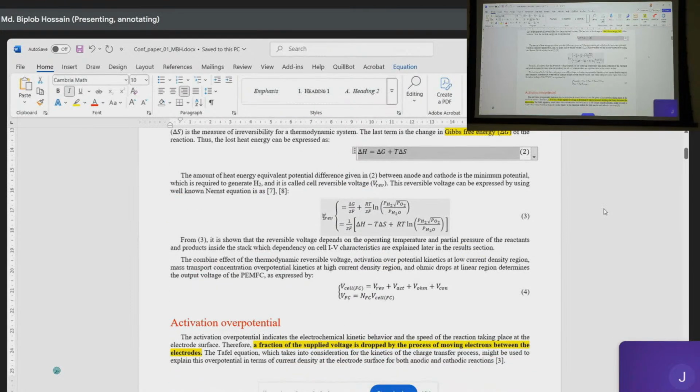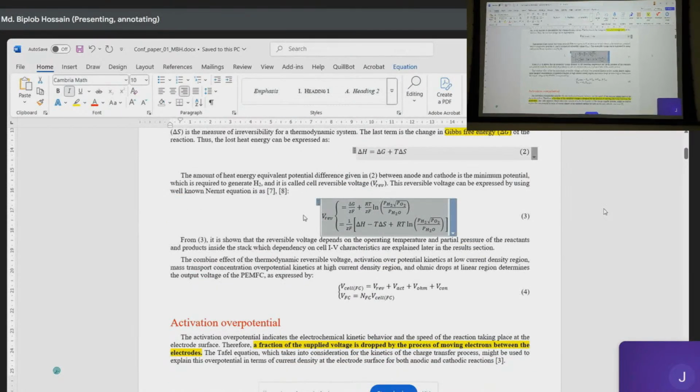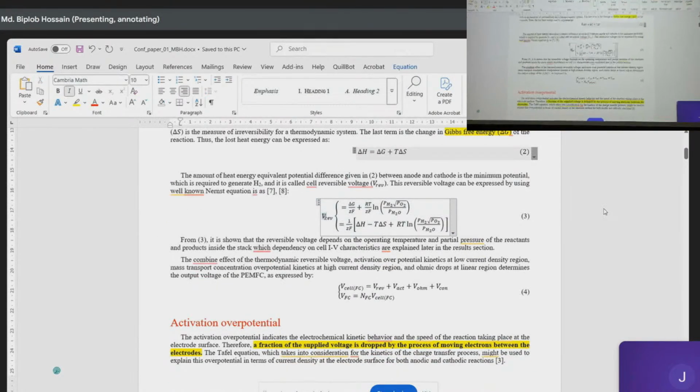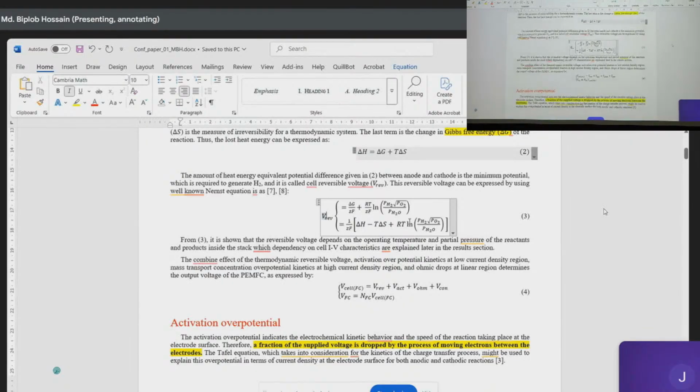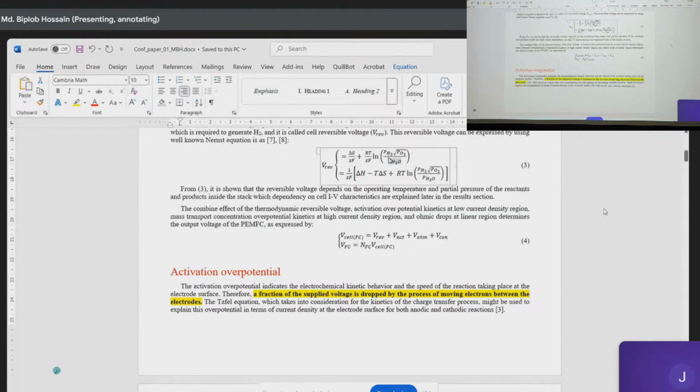So this voltage can be defined by these equations. Here we can see the reversible voltage. The reversible voltage is highly dependent on the pressure of hydrogen, the pressure of oxygen, and the pressure of water. So we can rewrite the first equation in terms of entropy and the energy release required for the chemical reactions, in the second one below, here we can see.